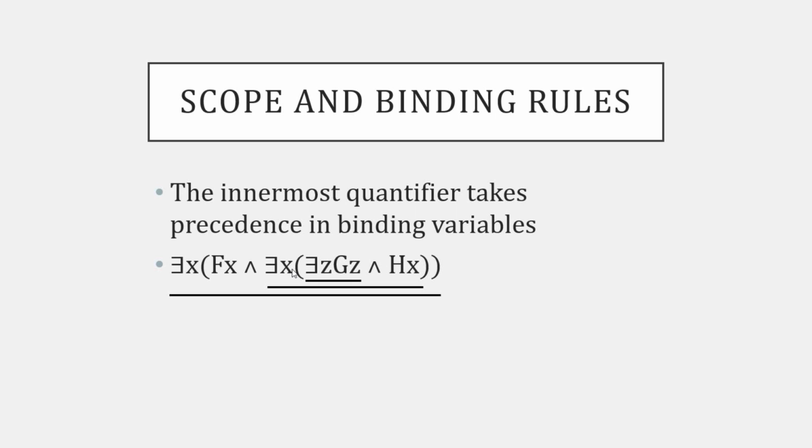So this sentence can come out as true if there's some object that has the property f, and there exists some totally other object that has the property that there exists a z such that g, and that other object has the property h. So this one is Roy, and then there exists an x such that, this is Tim. Tim satisfies this sentence.